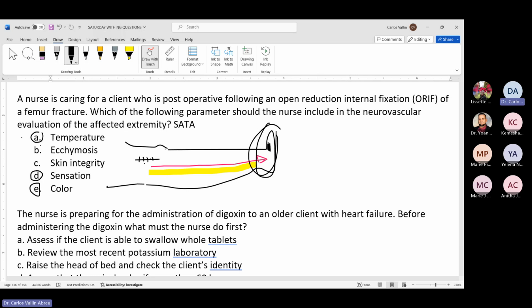So summarizing: neuro, sensation and movement. Vascular, the artery, which gives the pulses, the capillary refill, the warm temperature, and the pink or rosy color. Skin integrity is very important, but it is not part of the neurovascular assessment. The presence or not of bruises and ecchymosis is not part of the neurovascular assessment.